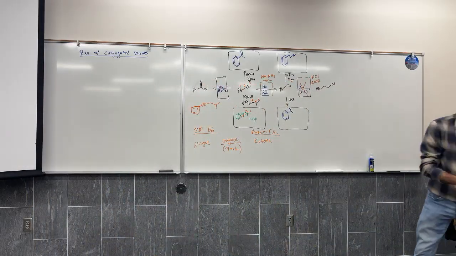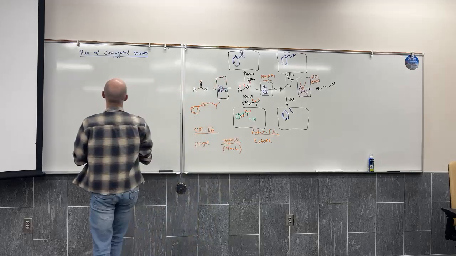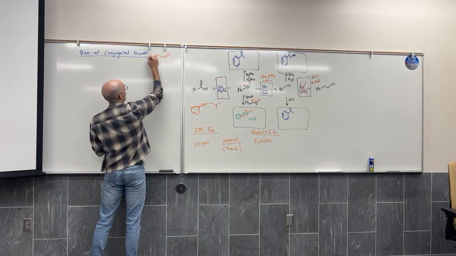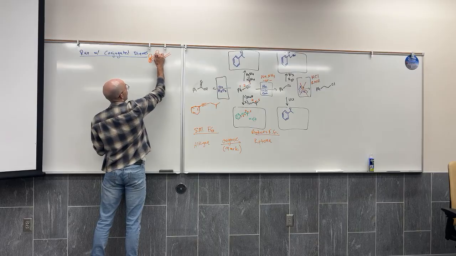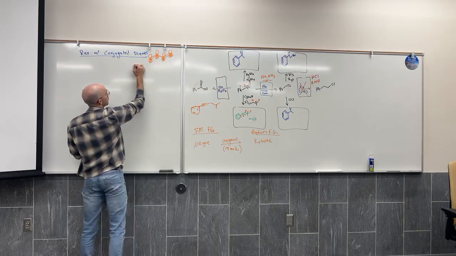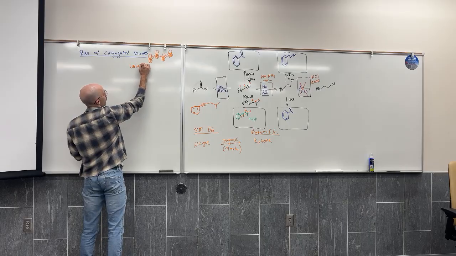What I want you to see here is that the conjugated system means an uninterrupted series of p orbitals.